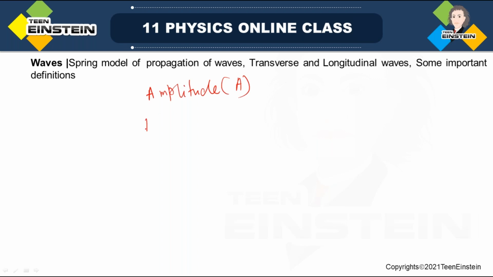Okay, so amplitude is denoted by A. Time period, that is the total time taken by a wave to complete a full oscillation, is denoted by capital T. Then frequency.